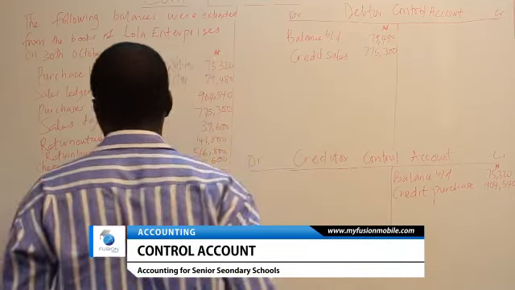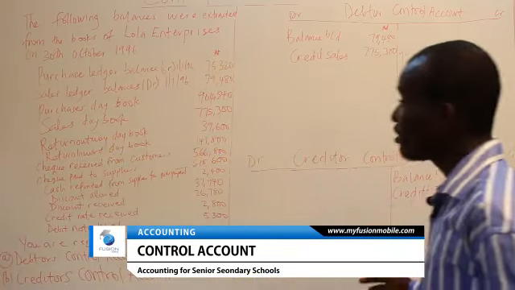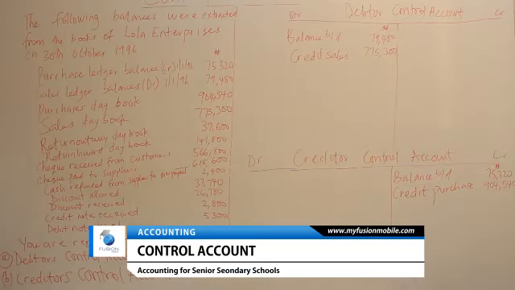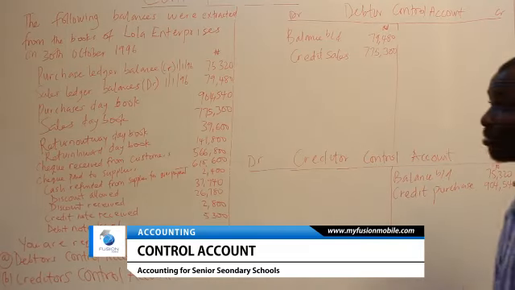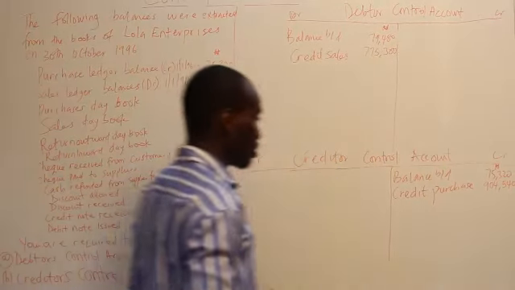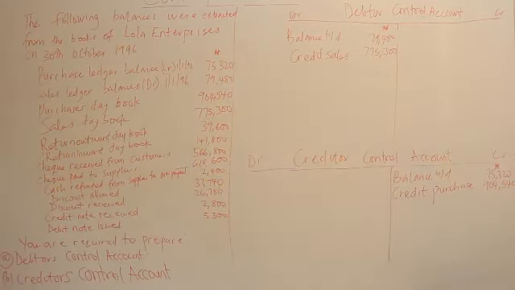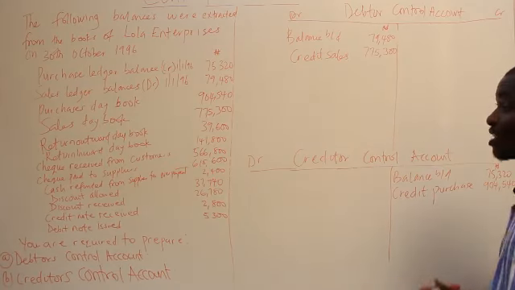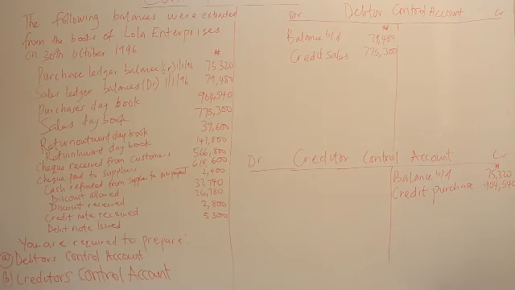Now the next thing we have is the return outward day book. That serves as return outward within the period. So return outward will be taken to the debit side of the creditor control account. That's about the reduction of the debt of the supplier.